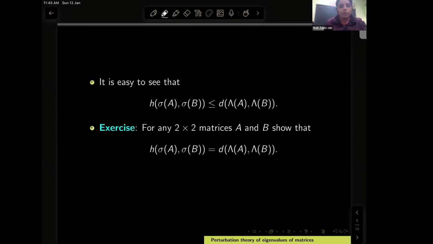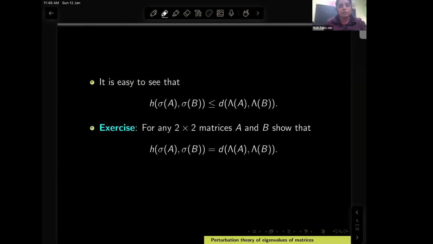See, the optimal matching distance gives the distance between the multisets or unordered tuples, and the Hausdorff metric is basically giving the distance between sets. So the two things are different, but this inequality is always true: H(σ(A), σ(B)) ≤ d(λ(A), λ(B)). You can verify that. I will give you an idea by giving just two simple examples.